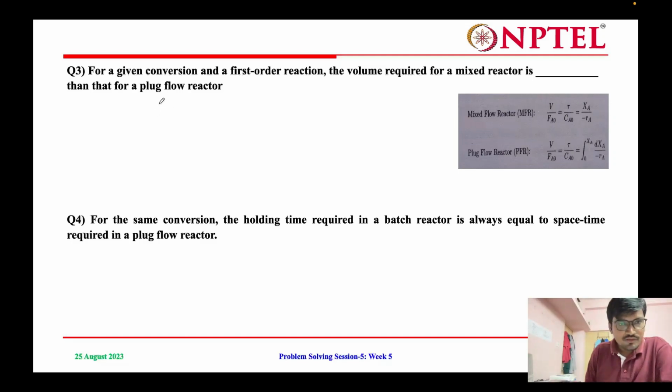For the CSTR, V equals v naught XA divided by K CA naught times 1 minus XA, for the first order reaction.